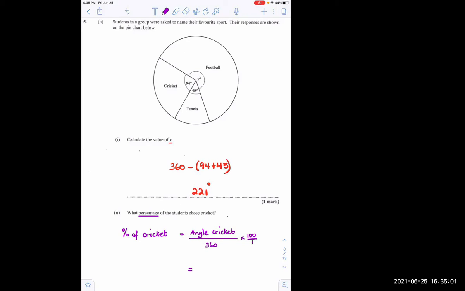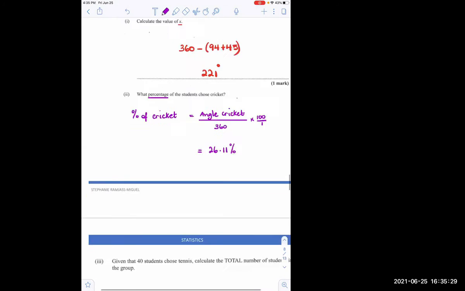Work it out. 26 and 1/9%. 26.11%. Anything of that sort, you'll get a mark. Yes?